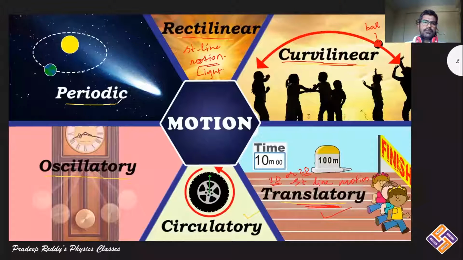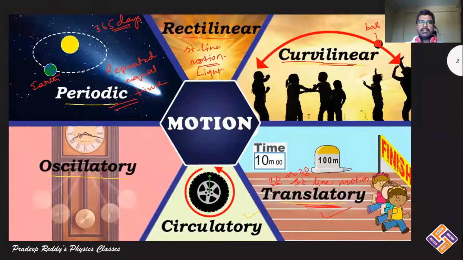And the other type of motion is periodic. Periodic means the motion is repeated within equal intervals of time. For example, the Earth revolves around the sun once every 365 days, so it is a periodic motion.